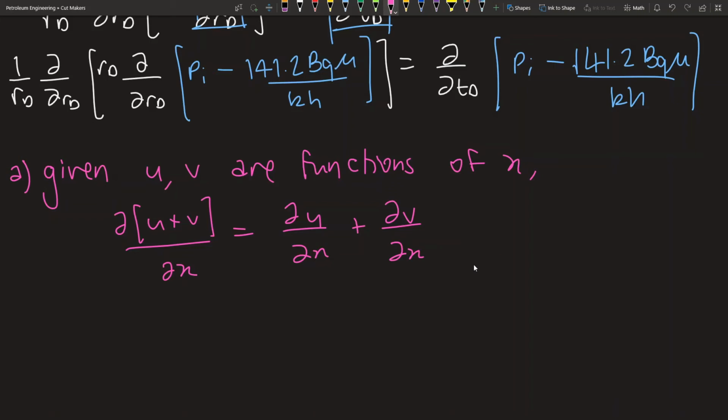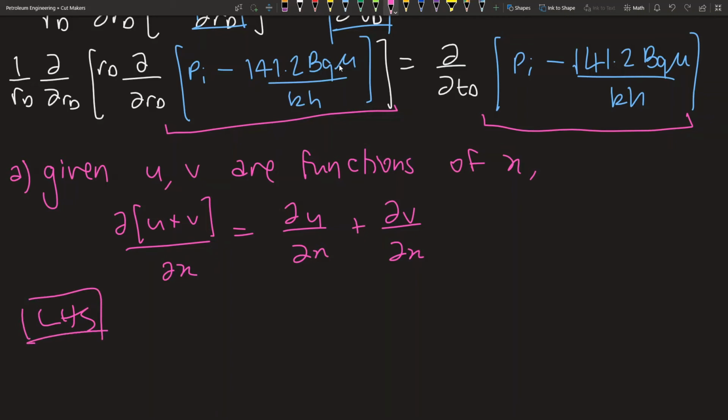And from here we can actually break apart our derivatives. So we can rewrite the left hand side as follows. Let me see if I can switch colors. Can't for some reason.